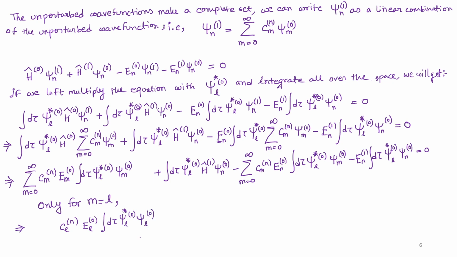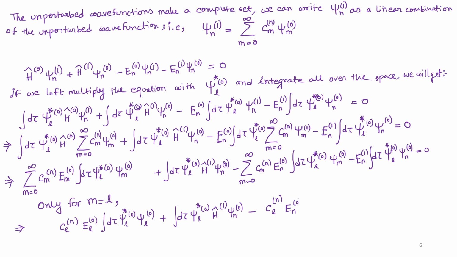So this is going to be a normalization condition. Then this is same, d tau psi L 0th star H 1th psi nth 0. Now again in this side we are going to get only the Lth case, other things are going to be 0, that's why we don't really bother about that.